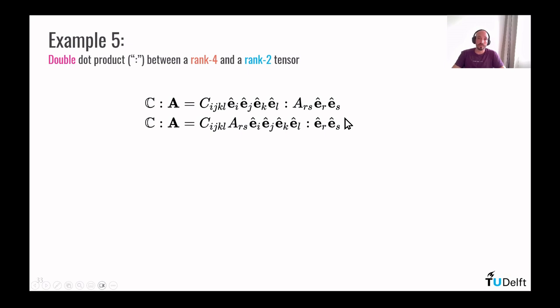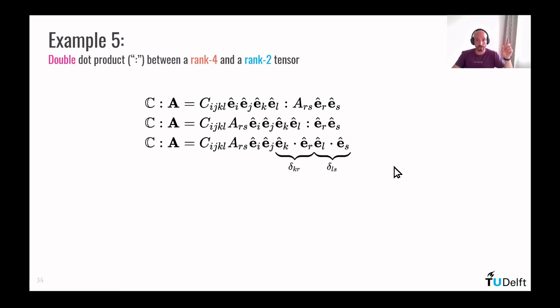And you can see that we have a double dot product. We have two directions to the right and four directions to the left. So we are good. We only need two directions to the left to perform the double dot product.